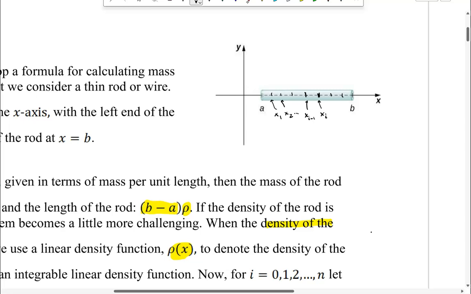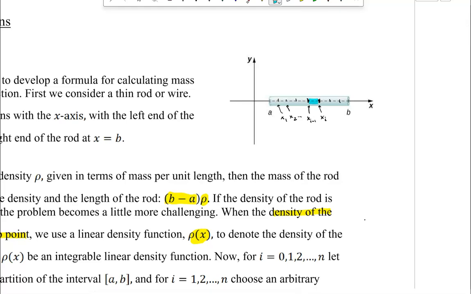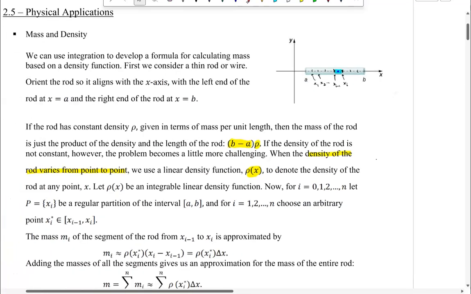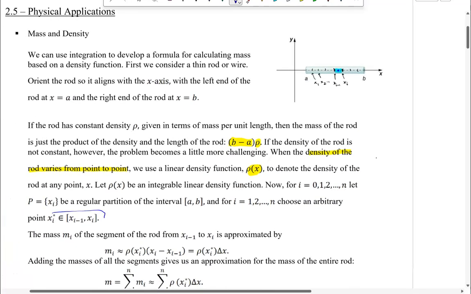And then we would look at just this one interval here that I'm highlighting in blue, and we could approximate the mass of that part of the rod by simply taking some point in this little region, any point in that region. We can call that x sub i star, as you see right here.